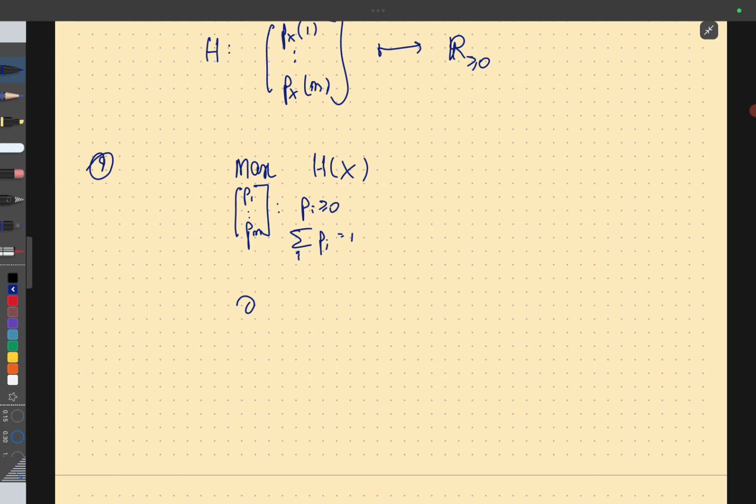So what is the partial derivative of the entropy with respect to the ith probability?